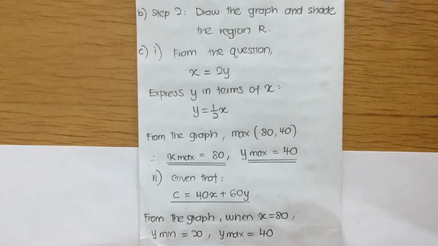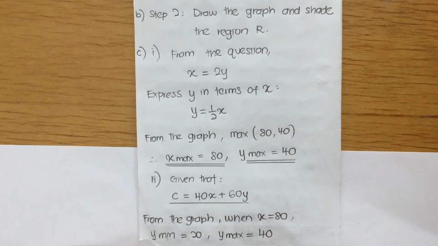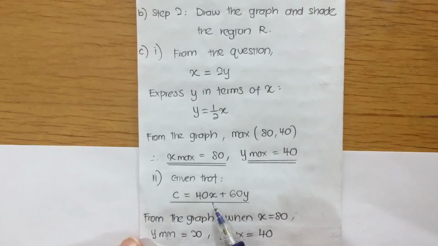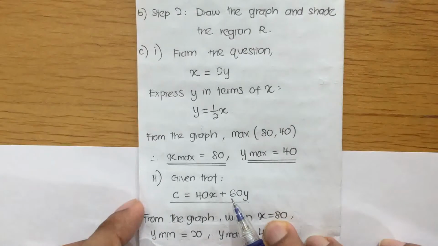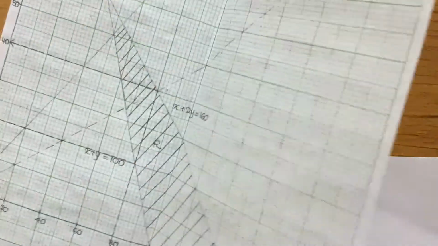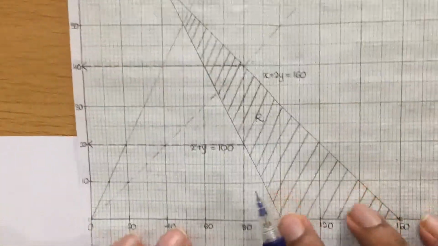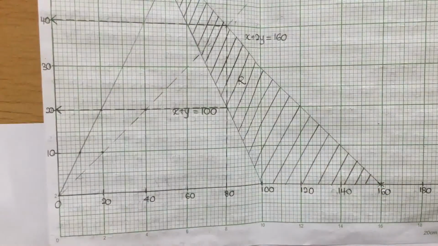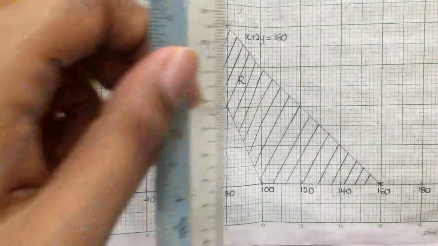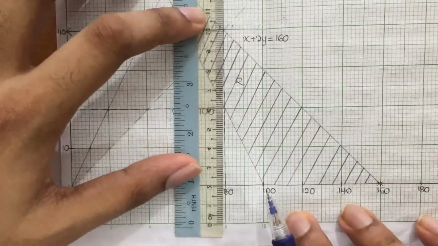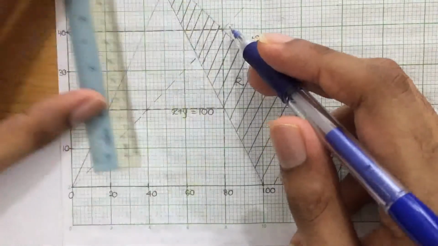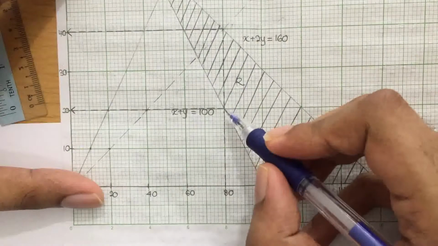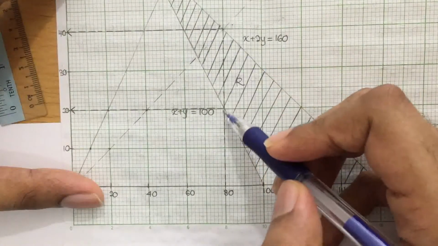So what we're going to do is go back to the graph paper, and use this x equals 80 to find the possible y value. Okay, let me show you the way. So what you do here, you take your small ruler and you pull it up. As you can see here, when you pull up, it intersects at the 2 points over here.